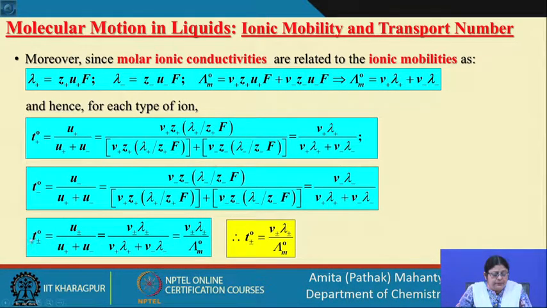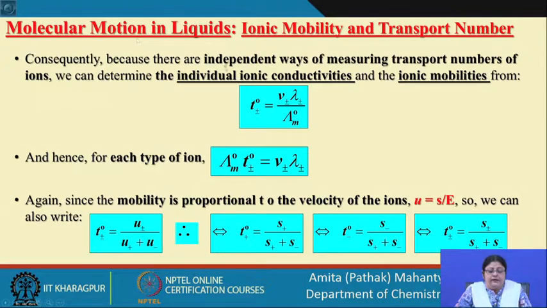is the transport number of the cation and anion in terms of the ionic mobilities. Now, we have it in terms of the ionic molar conductivities. Okay. Because there are independent ways of measuring transport numbers, we can determine the individual ionic conductivities and mobilities from this expression.